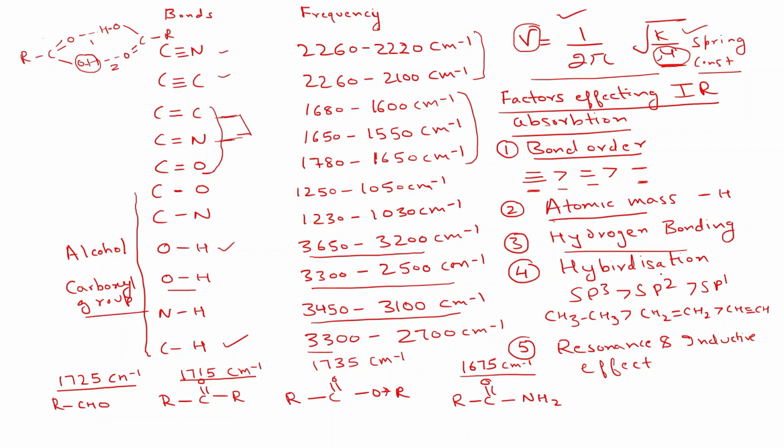And coming to the hybridization, it can be sp3, sp2, sp1. So CH3 CH3 is sp3 hybridization, CH2 CH2 is sp2, and CH triple bond CH is sp1. So obviously this bond is stronger, as we have already seen.